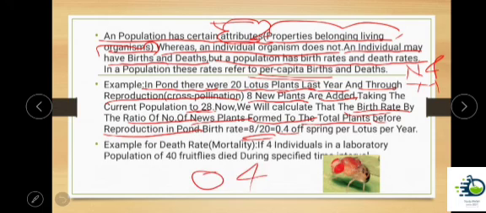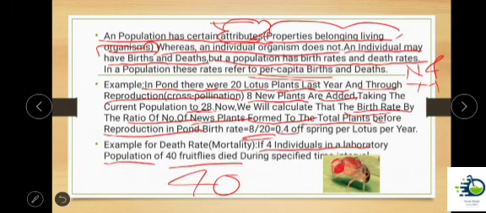And the example for mortality, the death rate: 4 individuals in a laboratory, 40 fruit flies, and 4 died during a specific time interval.